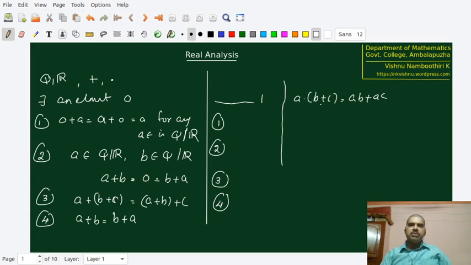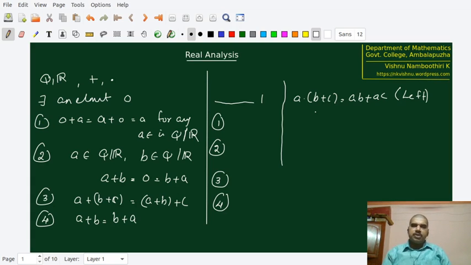Since a · (b + c) is the same as (b + c) · a, because we have already seen as the fourth property that ab is equal to ba, we have left distribution of multiplication over addition as well as right distribution. And this property actually relates multiplication and addition.